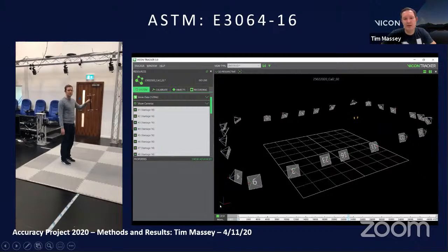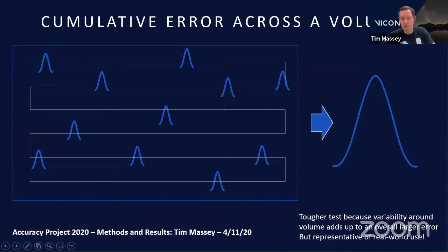And this is one of the nice things about this method, of course, that it collects data around the whole capture volume. It doesn't involve one fixed point in the volume, which obviously, for an object that's moving around the volume, is very significant and captures that detail. What that does do is make this a tougher test.